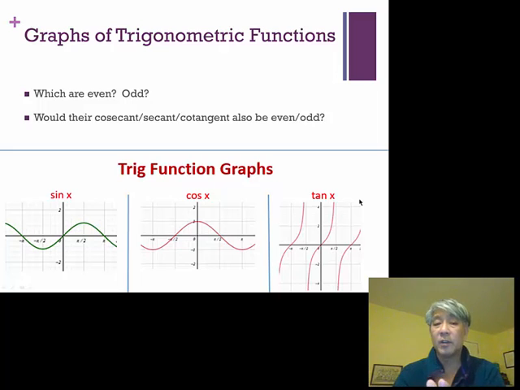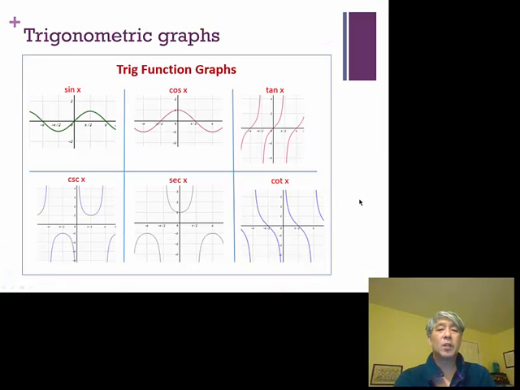And if these are even or odd, would their inverses or their co-functions, the cosecant, secant, cotangent, would those also be even or odd? Okay, so let's take a look at them. Here's our 6 functions, okay, and decide for yourselves which ones are even, which ones are odd. Okay, the cosine function is clearly even, okay?